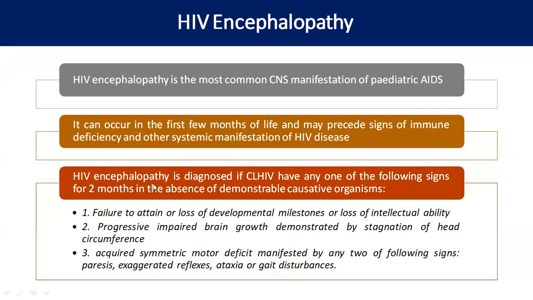HIV encephalopathy is diagnosed if the patient has any of the following signs for 2 months in the absence of any other demonstrable positive organism. So what are the signs?